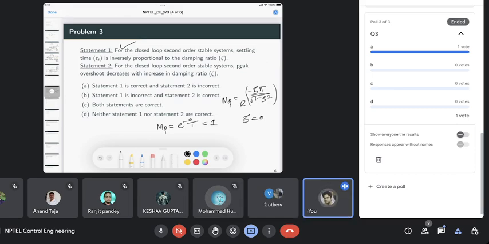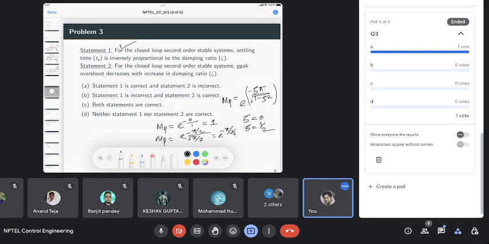Then take some intermediate values, for example zeta equal to half. Then it will be pi by 2 by square root of 3 by 2, 1 minus 1 by 4, so it will be e to the power minus pi by root 3.